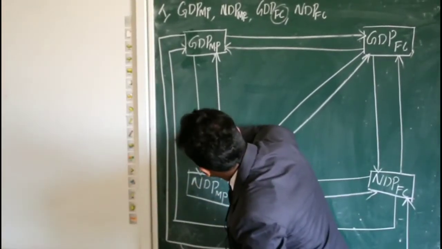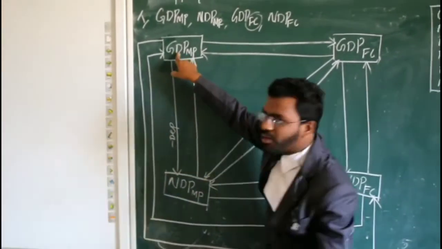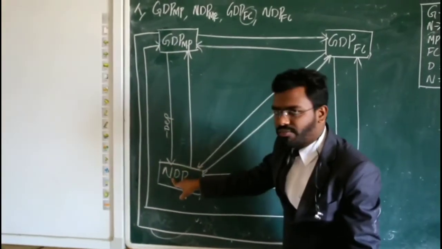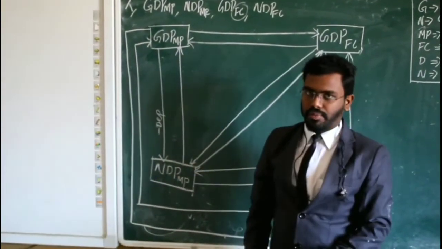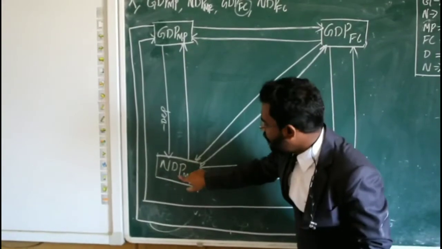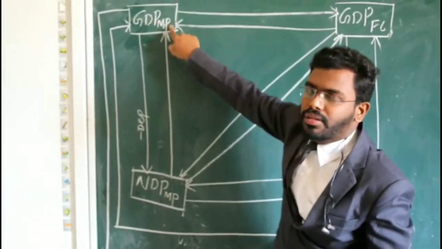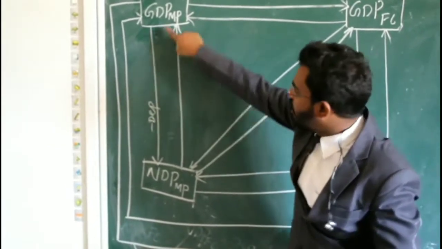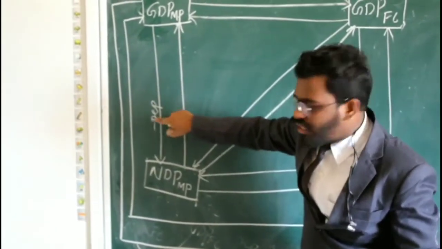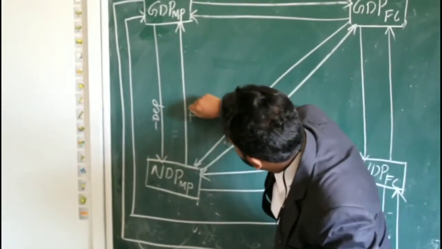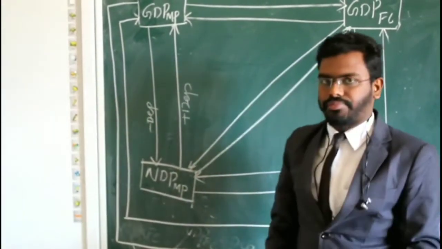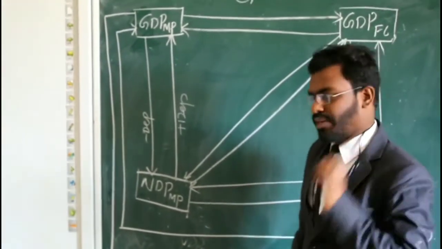If we subtract depreciation from this GDP, then what will we get? NDP-MP. Next one, how can we convert this NDP-MP into GDP-MP? Just opposite of this one. Here it is minus depreciation, it will become plus depreciation.